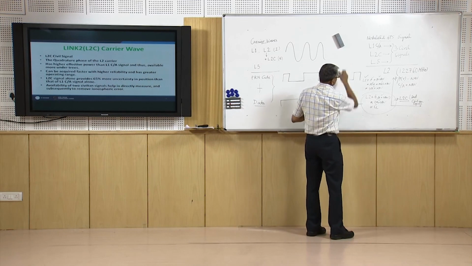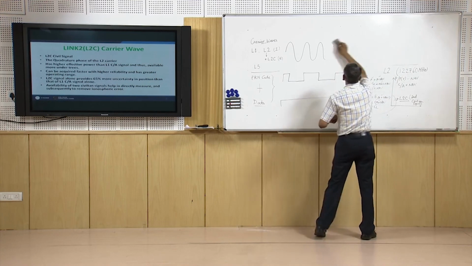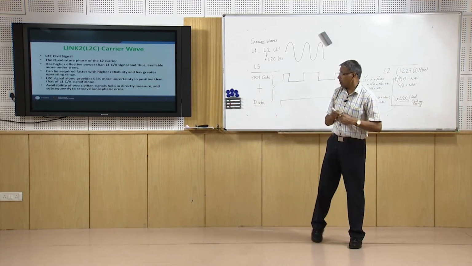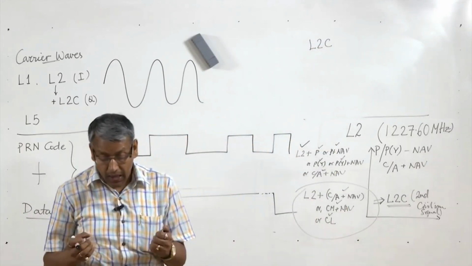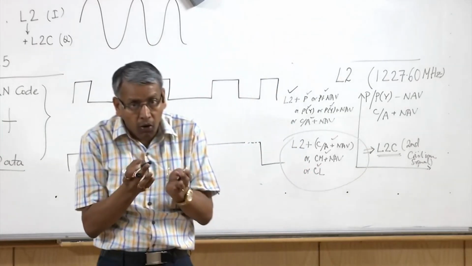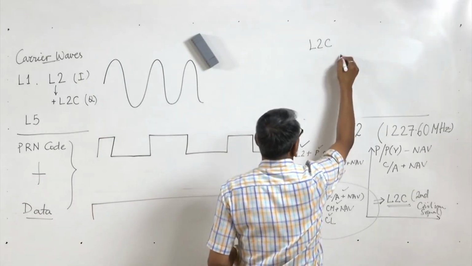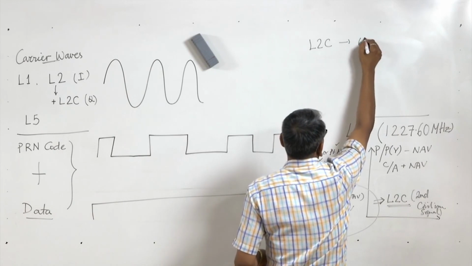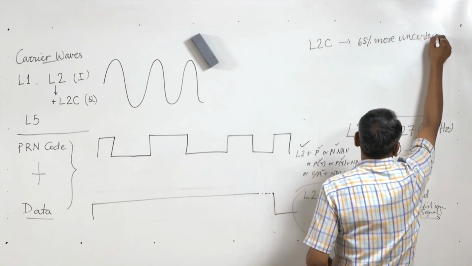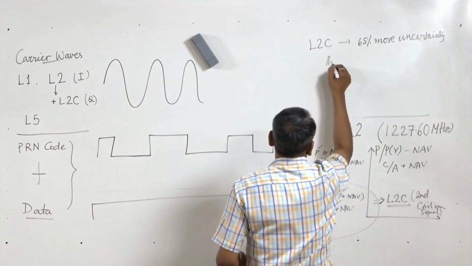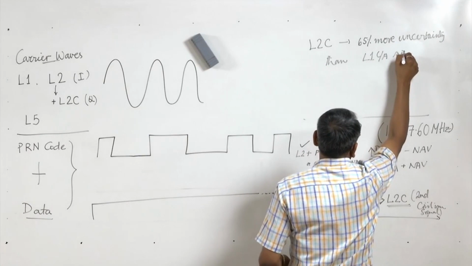This L2C signal is more powerful than the L1C signal. So the L2C signal will be more available under trees. However, the L2C signal provides position having 65% more uncertainty than what the L1 CA signal will provide.